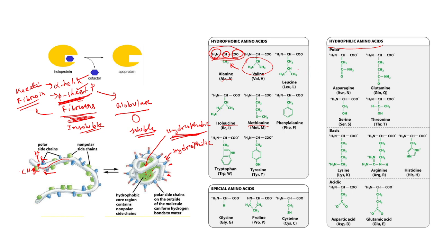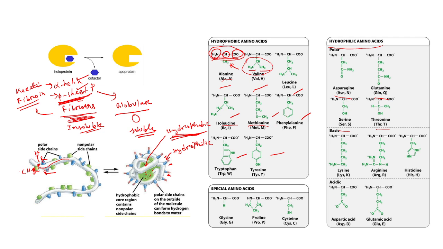That means always in the protein, the asparagine, glutamine, serine, threonine are present in the outside, and at the inside of the core, the alanine, valine, leucine, isoleucine, methionine, phenylalanine, tryptophan, tyrosine are present because they have the hydrophobic group. Here the CH3, here the CH3, here the benzene ring. So these hydrophobic groups are present.